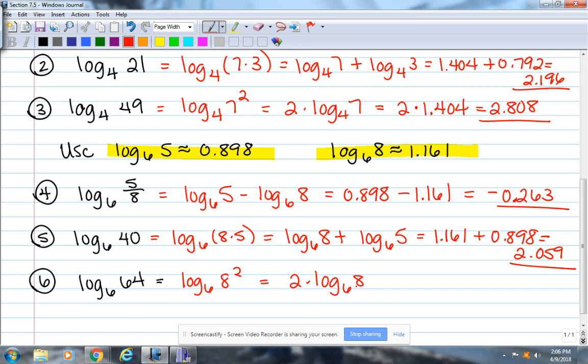What decimal am I using? 2 times 1.161. 2.322. So any questions about what to do when they give you one of them with the decimal? Okay. Well, that is the front side of my notes. So there you go.